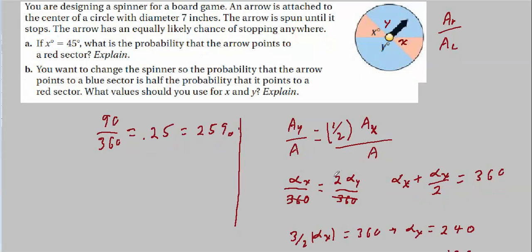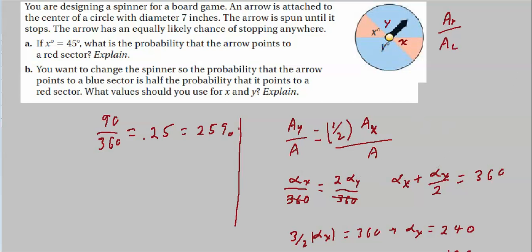We could just recognize that this is 180 degrees and write that this plus this equals 180 and get exactly the same answer. Well, we get half of what we would get the other way, and then we have to double it. I figure we'll just do it directly, where alpha sub x is the sum of these two, and alpha sub y is the sum of these two, and they have to add up to 360. And alpha sub y has to be half of alpha sub x.